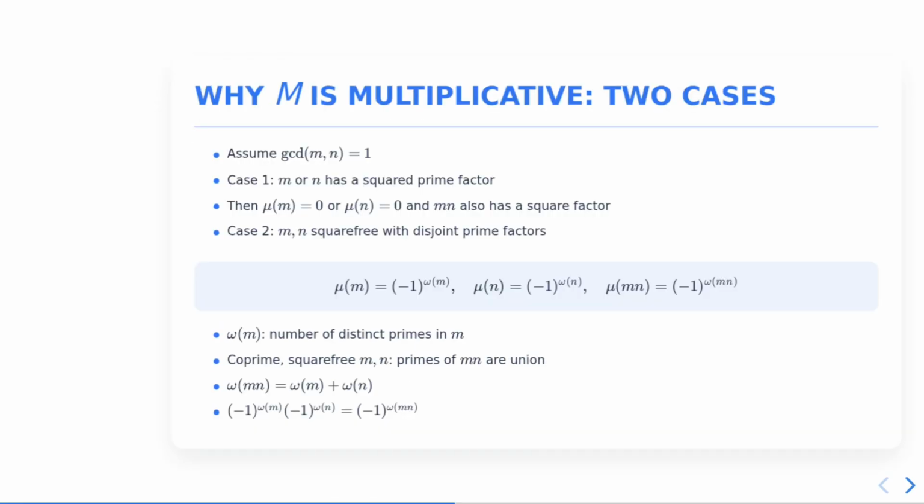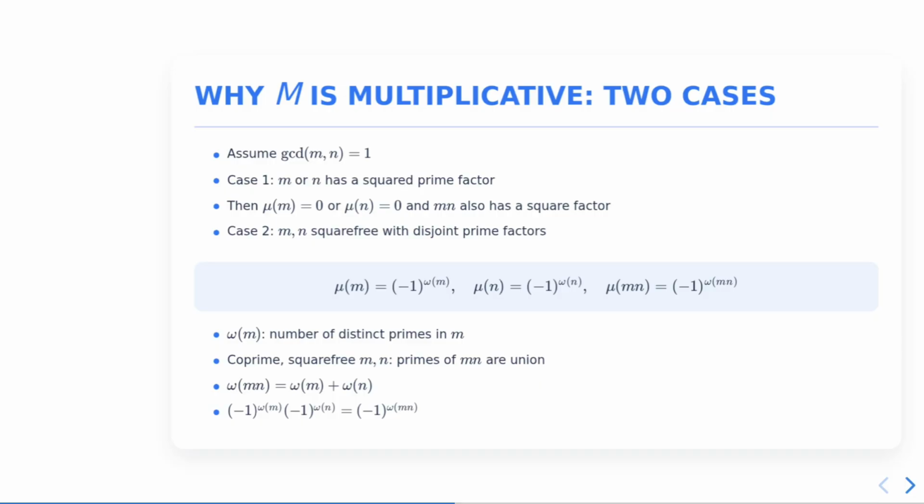To see why mu is multiplicative, we assume m and n are coprime and split into two cases. If either m or n already has a squared prime factor, then the value of mu on that number is 0, and the product m times n also has a squared prime, so its mu value is 0 as well. In the other case, both m and n are square-free and have disjoint sets of primes.